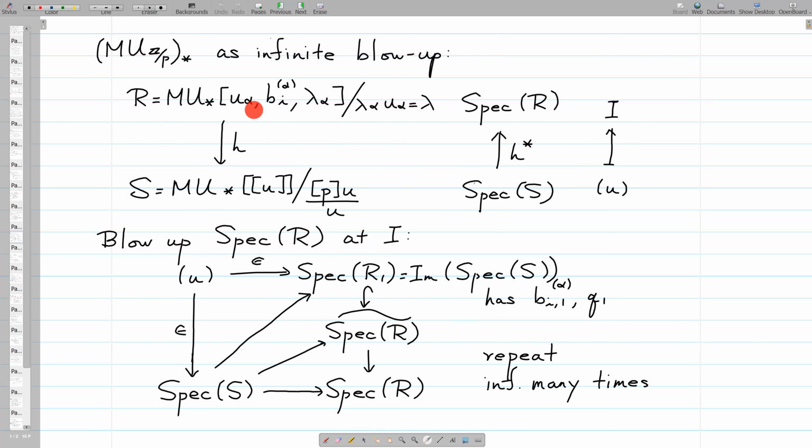You don't need the U alpha inverses. You do need the lambda alpha, and you don't want to put the Q's there because Q's 0 is 0, so it doesn't need to be added extra. With the relation that Q alpha, U alpha is, again, there's a slight typo here. I meant U.